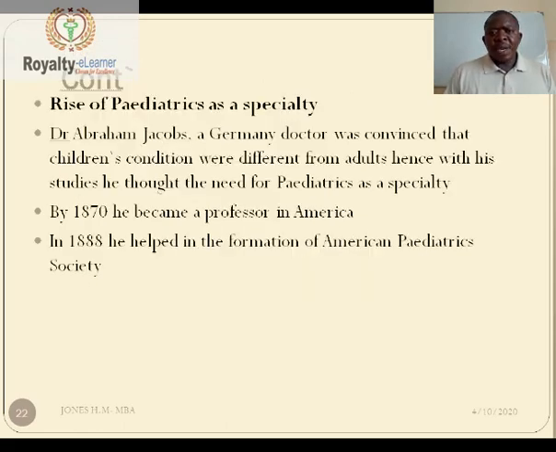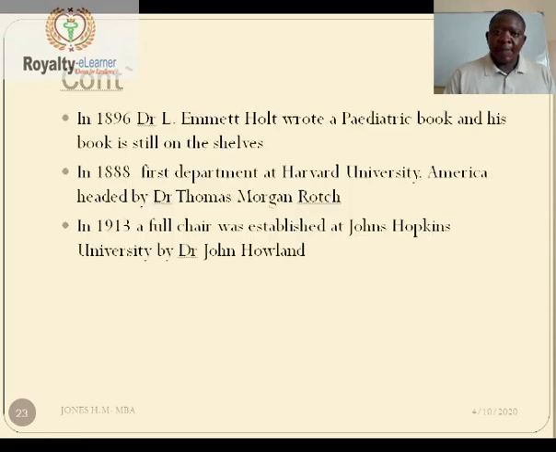So, how did pediatrics rise as a specialty? Dr. Abraham Jacobi, a German doctor, was convinced that children's conditions were different from adults. Hence, with his studies, he saw the need for pediatrics as a specialty. By 1870, he became a professor in America. In 1888, he helped in the formation of the American Pediatric Society.